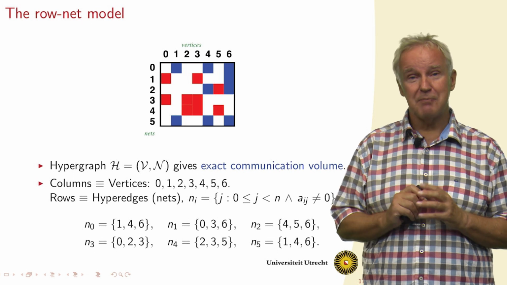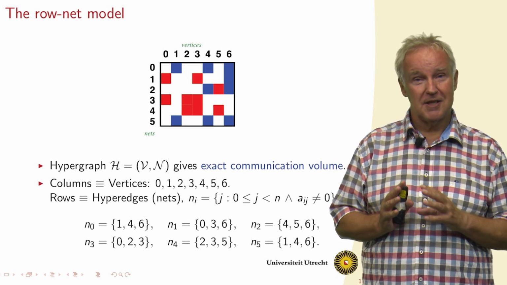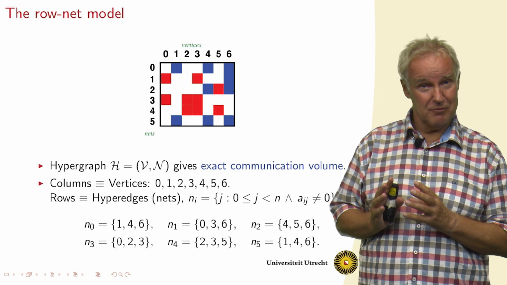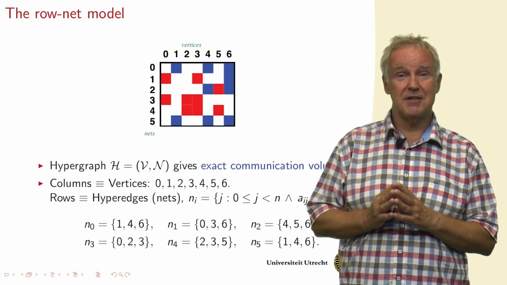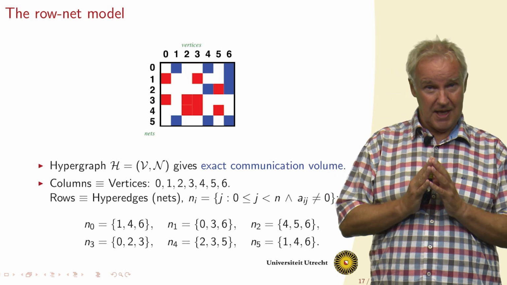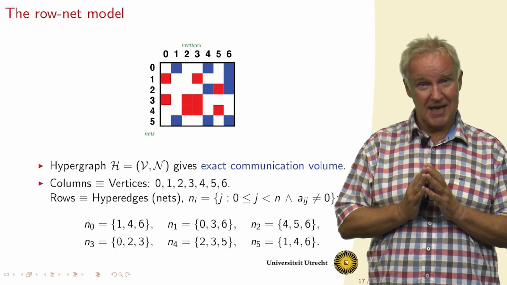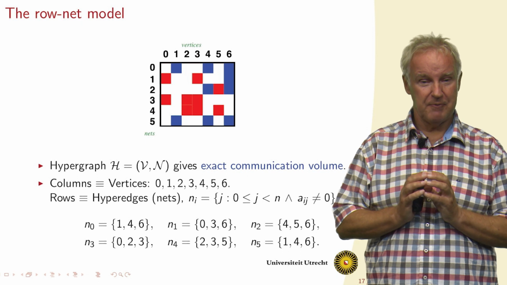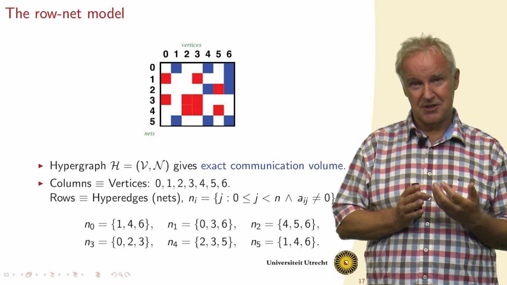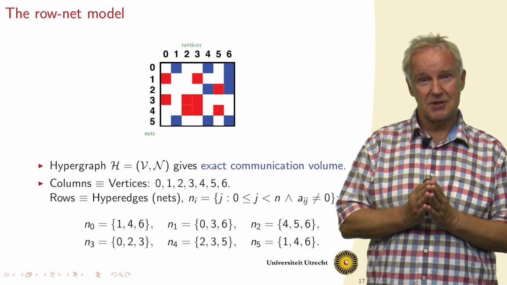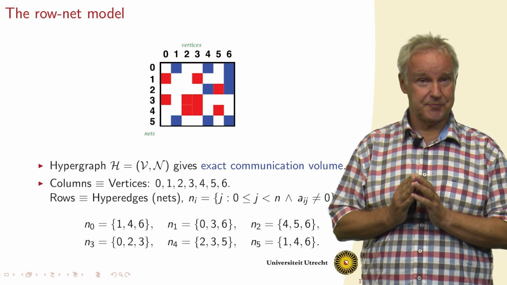And we can use hypergraphs to model the splitting of a sparse matrix. And here we have split by column. We have painted all the columns either red or blue. If we transform this into a hypergraph, the columns are the vertices.